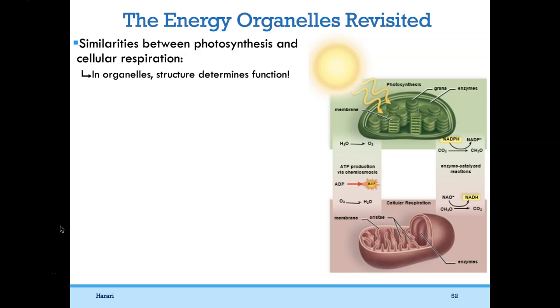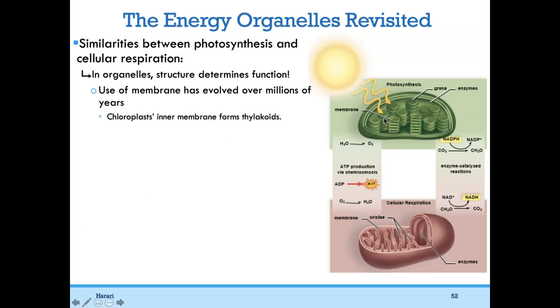There are numerous examples of how the chloroplasts and mitochondria have adapted their structure to perform their specific function very efficiently. Right, so this has occurred over millions of years, if not billions of years, you can argue. The membranes themselves are really remarkable. The membrane of a chloroplast forms these thylakoid membranes.